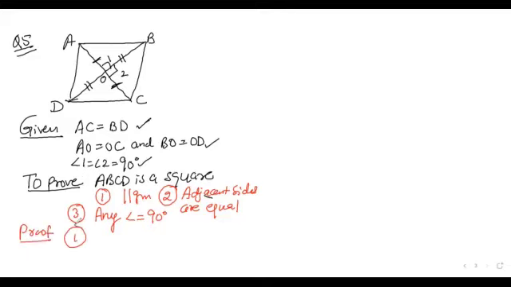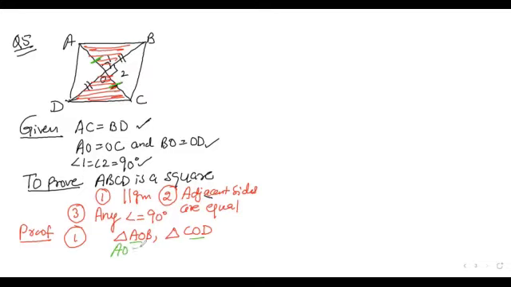For first part, let us consider the triangle AOB and triangle COD. In these triangles, we are given that the length AC is equals to length BD. We are given that the length AO is equals to CO. These are corresponding.